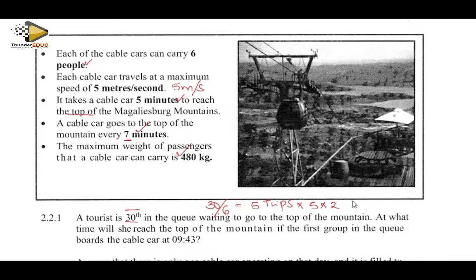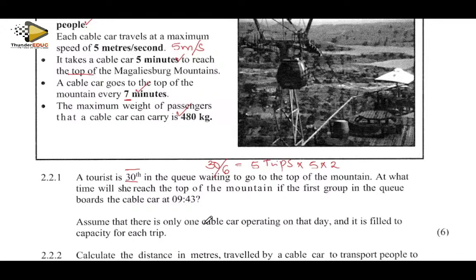The cable car goes to the top of the mountain every 7 minutes. After 7 minutes, the car goes up, but it has to go up and it has to come back down. Assume that there is only one cable car operating on the day and it's filled to capacity for each trip. You understand? When we hear the word trip, that means to and fro.